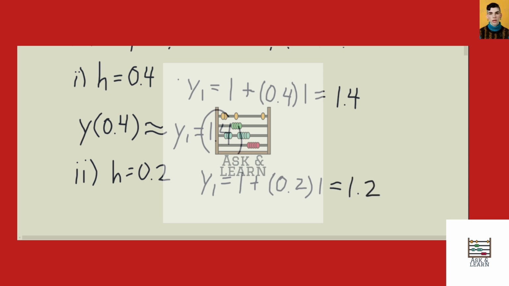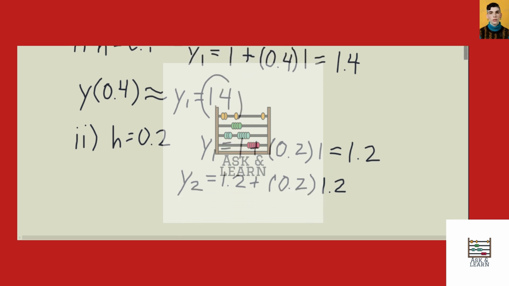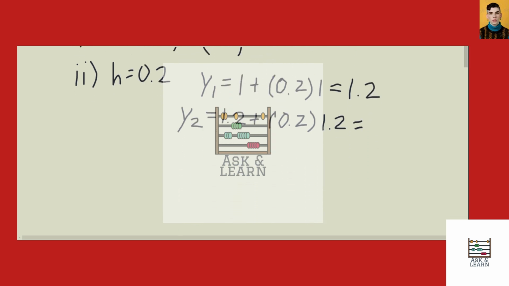And in order to get from x equals 0 to x equals 0.4, we need to add another step. So we have y of 2 is equal to y of 1, which is 1.2, plus the step size, 0.2, times our function y evaluated at the point 0.2, 1.2, and this is going to be times 1.2.